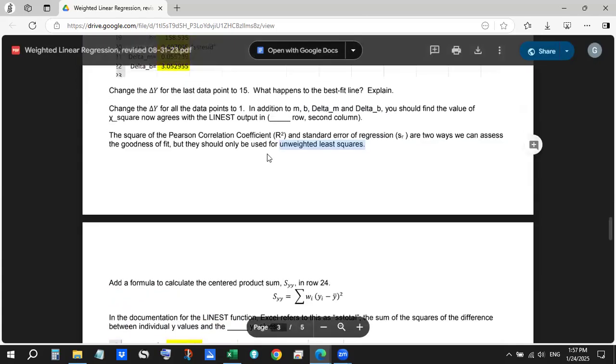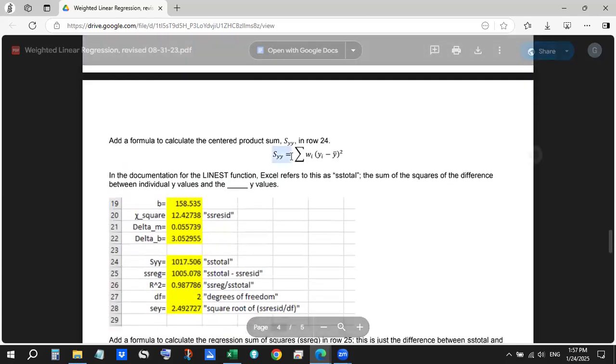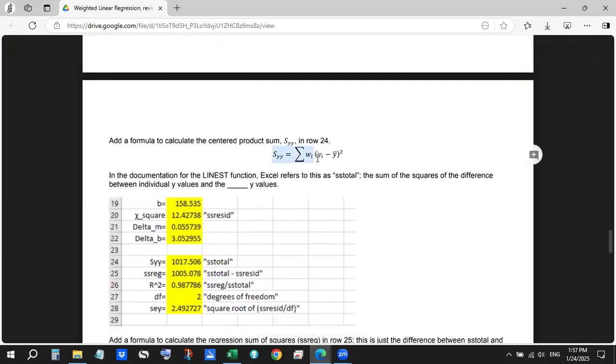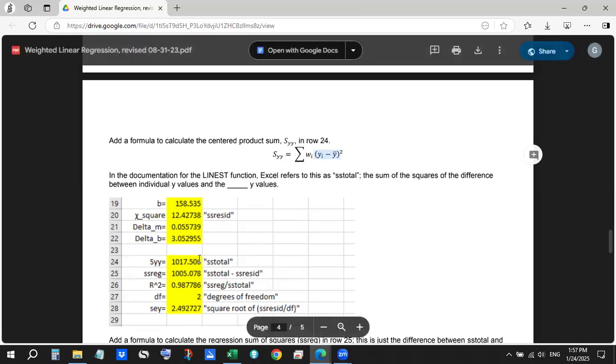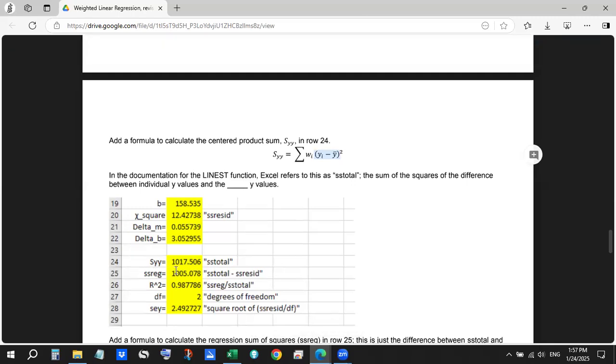For us to be able to do that, we need to first calculate SYY, the centered sum of the squared differences of y from the mean. So SYY, just like SXX, but here you're using y values. Let's put that in row 24. That is SYY.